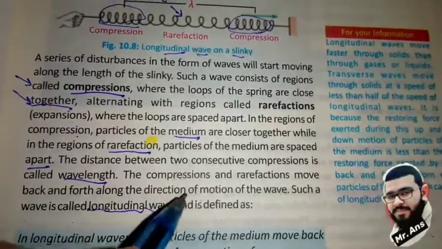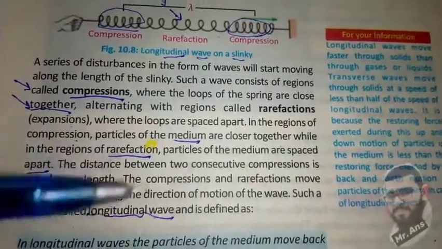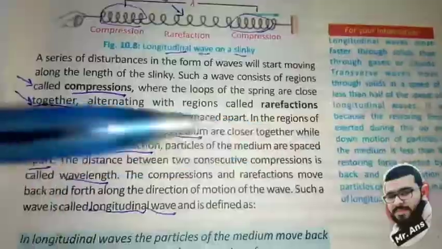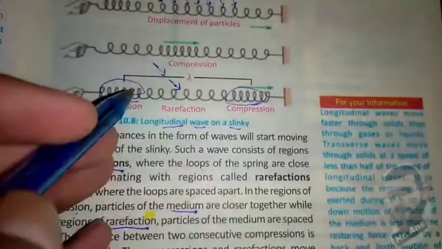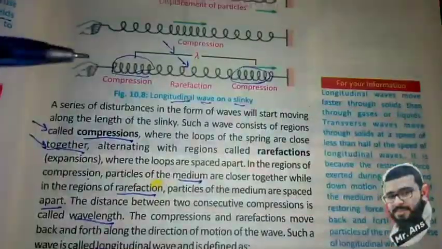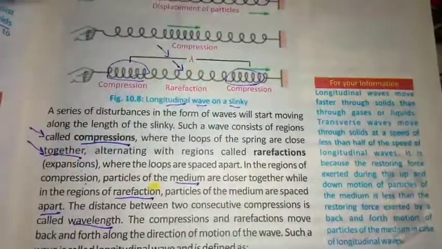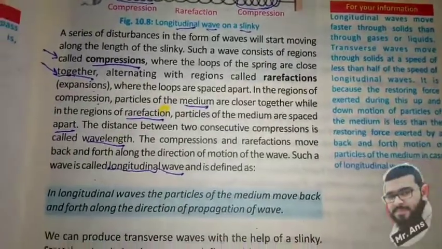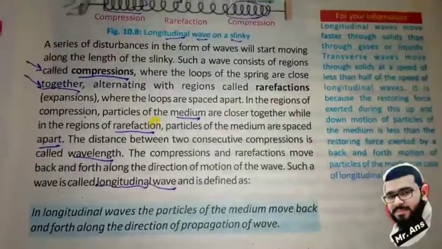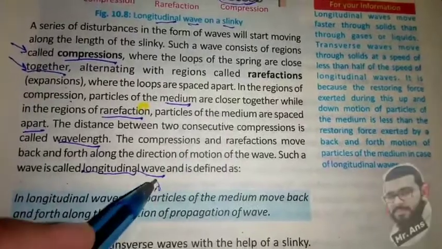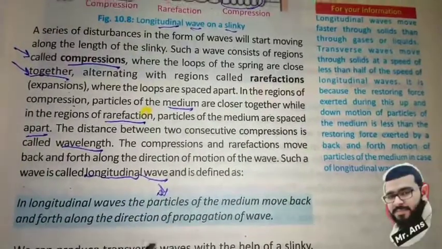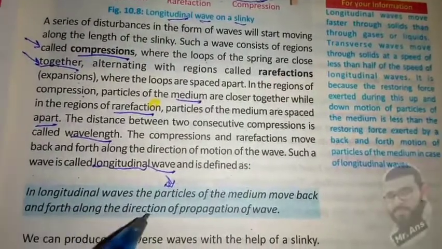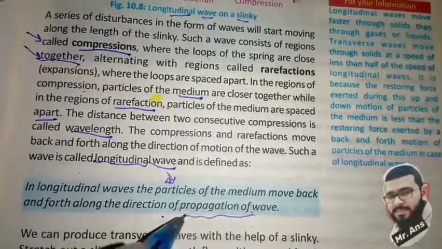So we can say the compression and rarefaction move back and forth along the direction of motion of the wave. If a wave is moving forward and backward during the compression and rarefaction, this is called a longitudinal wave. In longitudinal waves, the particles of the medium move back and forth along the direction of propagation of the wave.